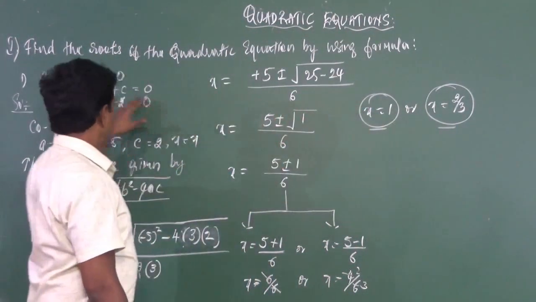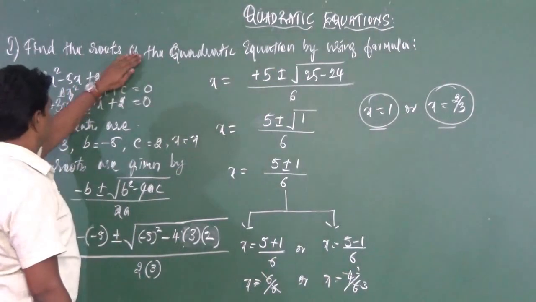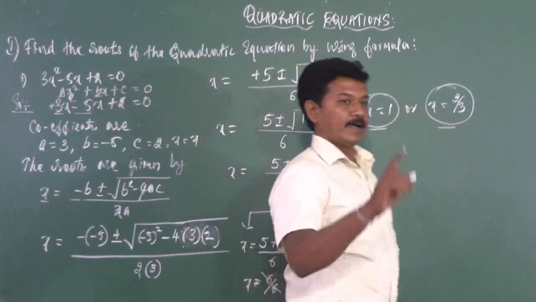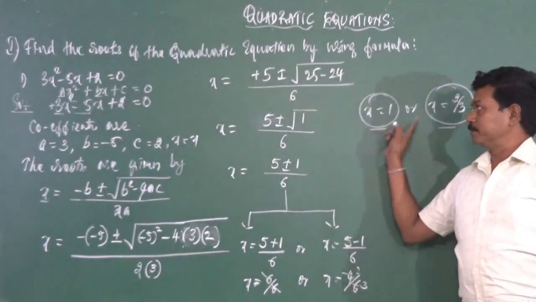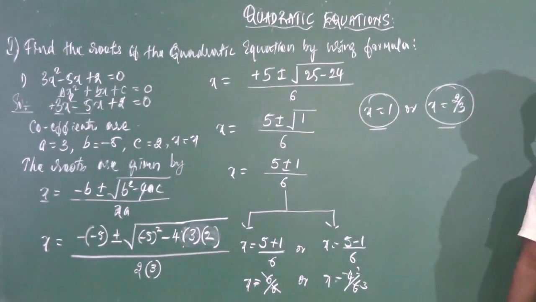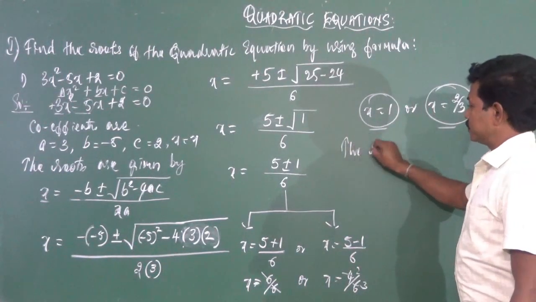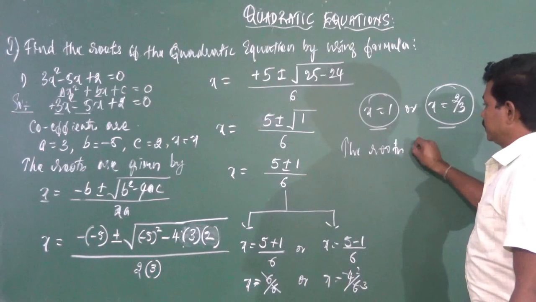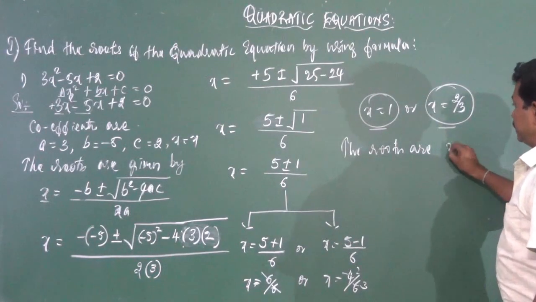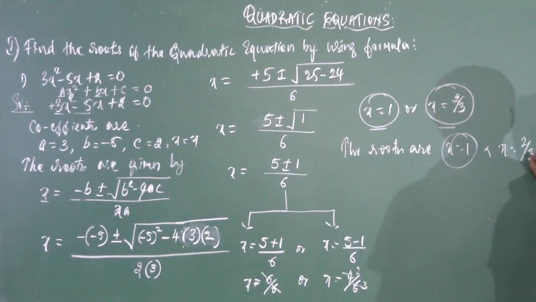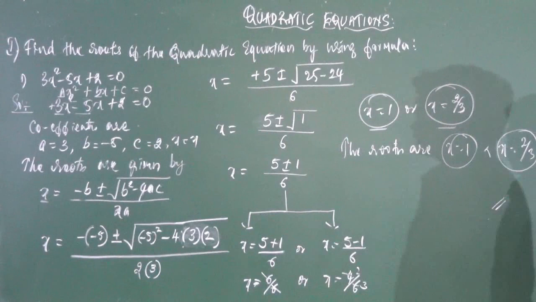If it would have been a quadratic polynomial without equal to 0, then these two are zeros of the polynomial. Exactly. So these two become the zeros of that polynomial. Right. Okay. So write the statement. The roots are x is equal to 1 and x is equal to 2 by 3. Right. So this will give you 2 marks.